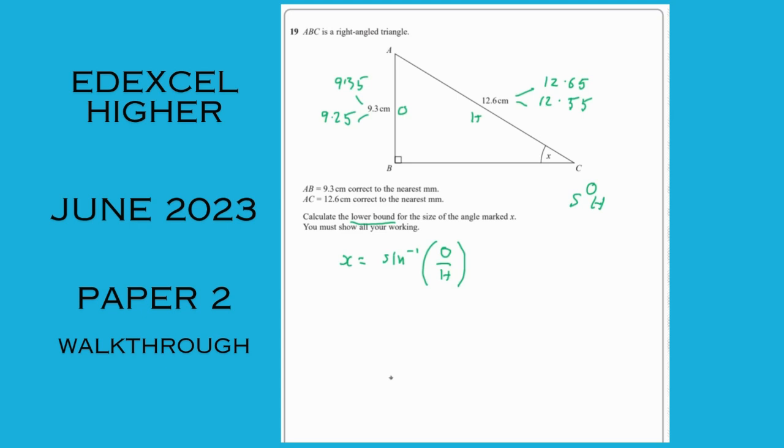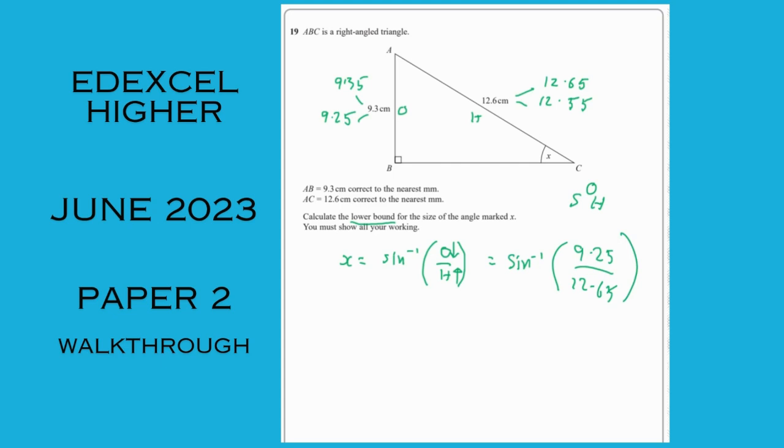So to get the smallest possible value, we will need to pick the smallest opposite and the largest hypotenuse. So the smallest opposite, 9.25, the largest hypotenuse, 12.65, and we reach for our calculator.